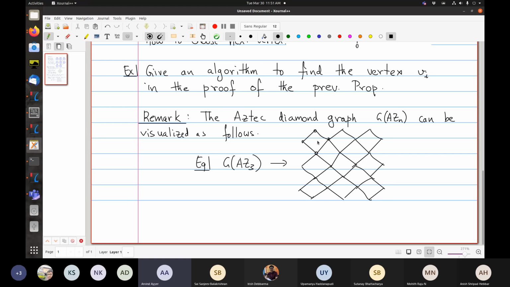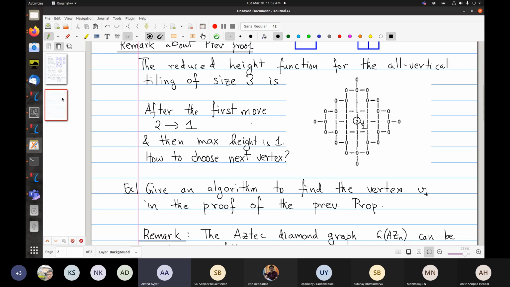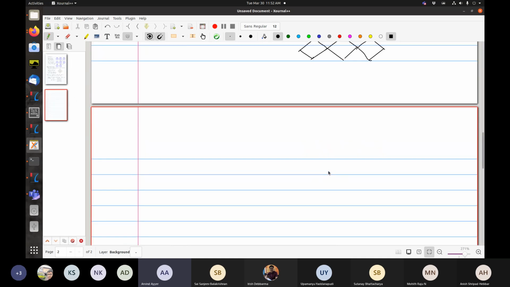And this sort of tells you why not all diamonds are on the same footing. These ones are the building blocks, and these other diamonds get formed during the process of the construction. So it's a good mnemonic to draw these things.